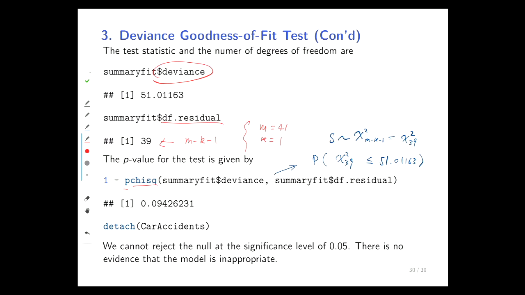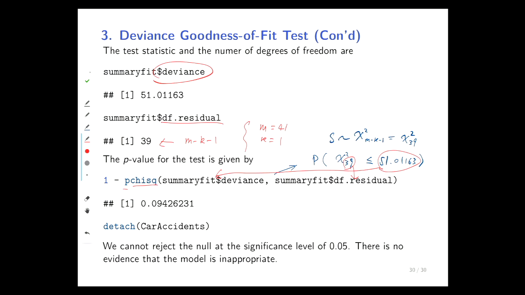What you do is just input this 51.01 here and put the number of degrees of freedom here. Then you can compute this smaller or equal to probability.